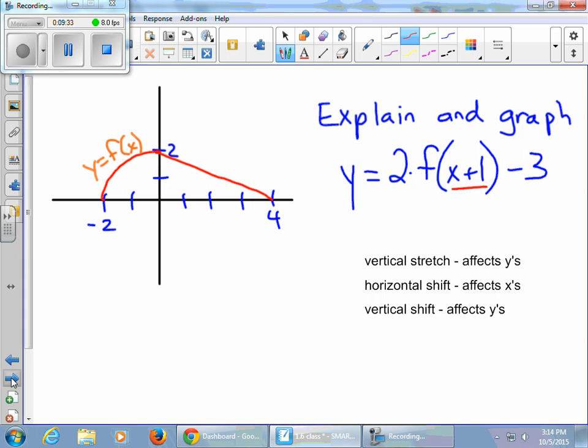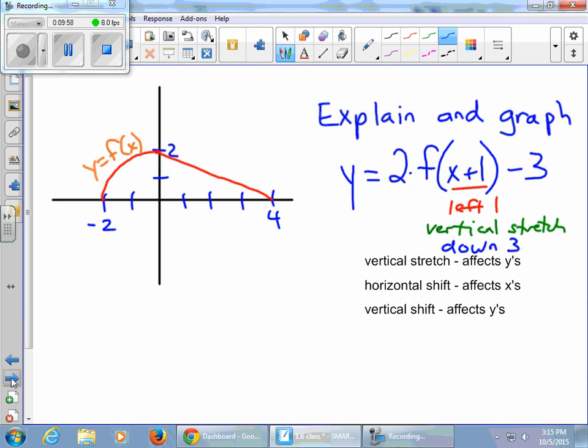I guess to me, I think of doing what's inside. So I think of moving this left one, then I think of vertically stretch, and then lastly, I would think of down 3.